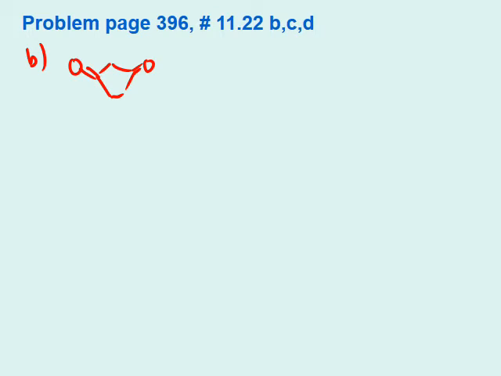Remember alpha location. Let's first see how many alpha locations you have in this compound. It has to be adjacent to carbonyl. Let's now focus on that carbonyl. Adjacent to that would be this on one side. This would be on the other side. Now let's try the other carbonyl group. Adjacent to that would be this side.